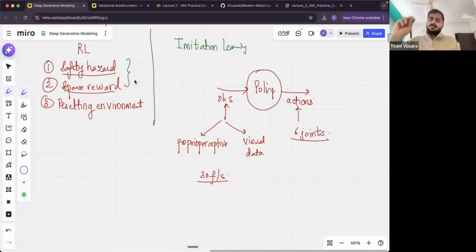So if I'm drawing a shape of a heart on the coffee, I'm telling the model that this is the shape which I want. So implicitly, I am favoring trajectories which are drawing that shape. I am not explicitly saying that the reward is +1, 0, or -1. So this is imitation learning.